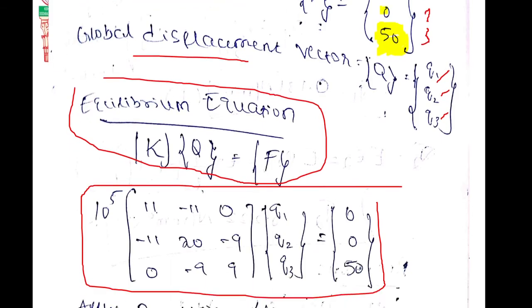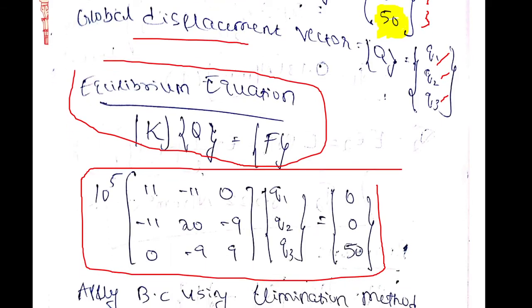Can anyone tell me what the boundary conditions are here? First row and first column are eliminated, sir.